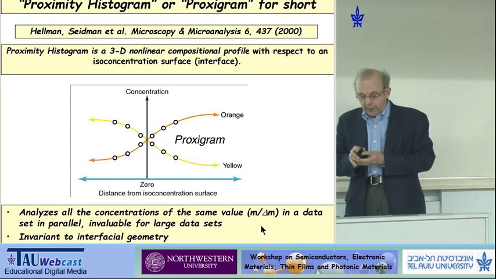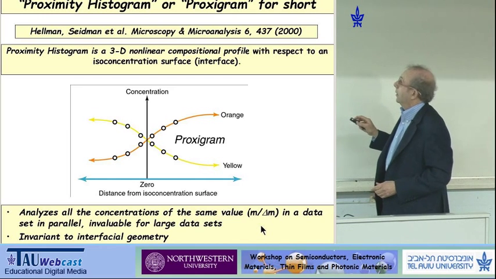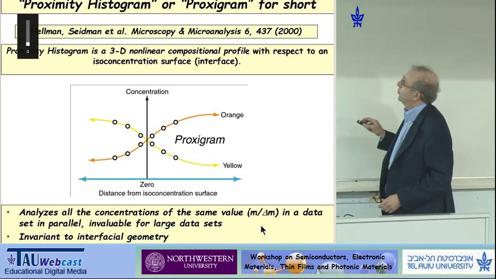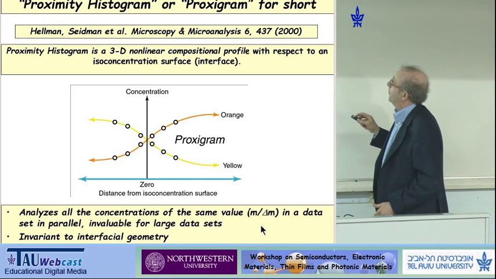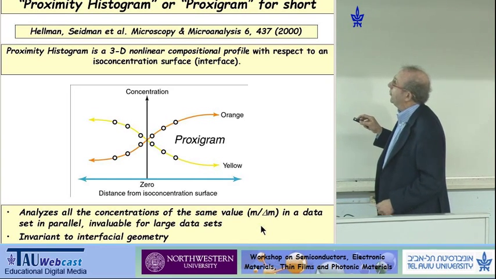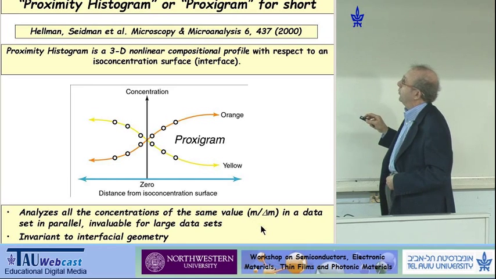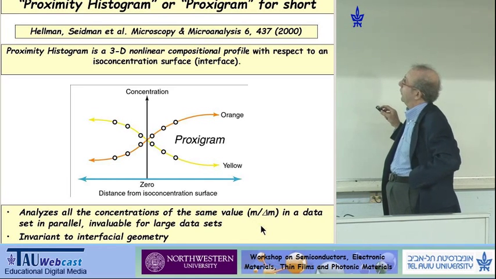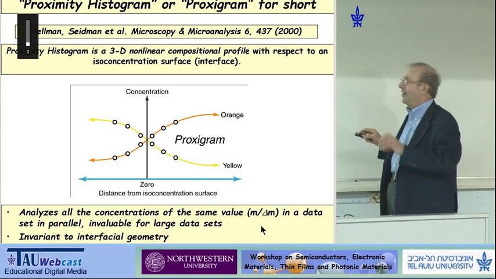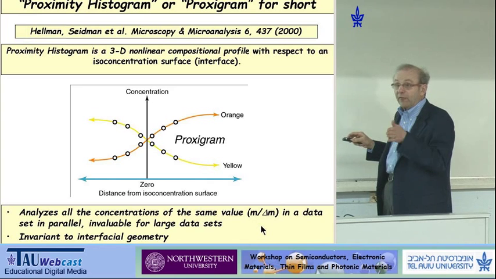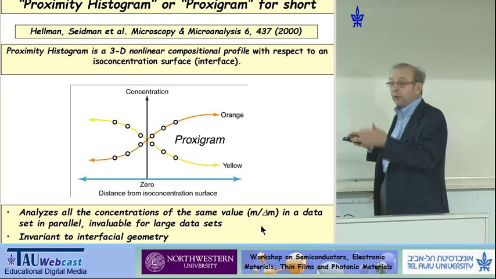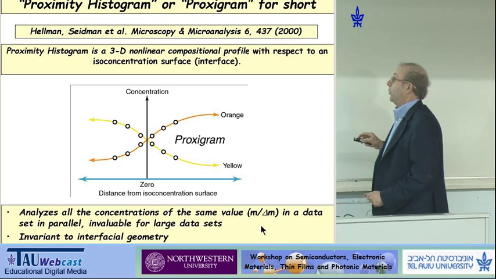So we developed a technique with a postdoc, Olaf Hellman, who now works for Microsoft, for many years, this so-called proximity histogram, and it's a 3D nonlinear composition profile. So let's say there are 2 species in your system, yellow atoms and orange atoms, and we want to find the interface between the 2 phases. How do we do that?